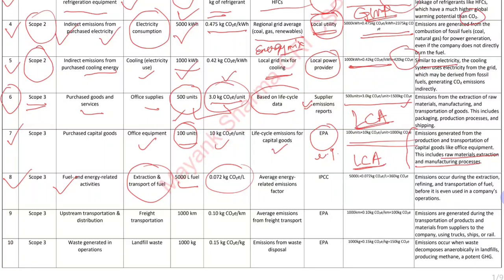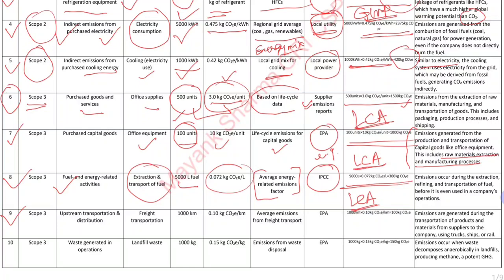We are getting this based on the average energy related emission factors sourced from IPCC. And this is the calculation of the emissions. So these emissions are basically occurring during the extraction, refining, and transportation of the fuel before it is even used in the company's operations. So again, we are applying the life cycle assessment approach here.